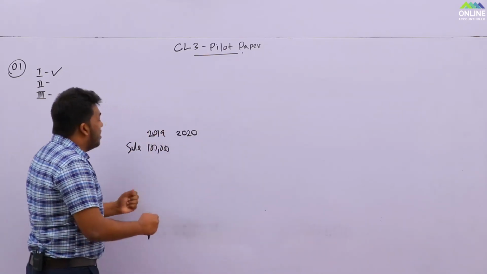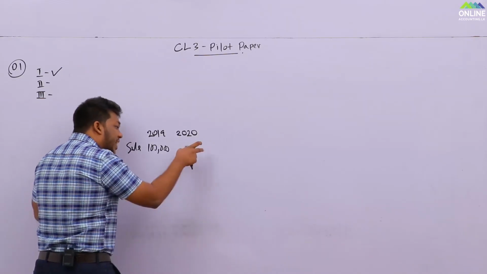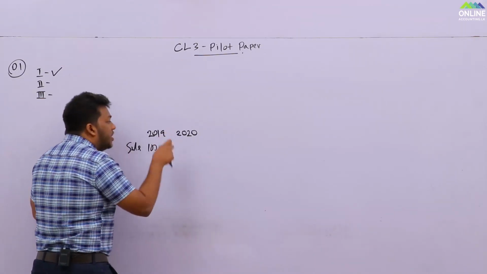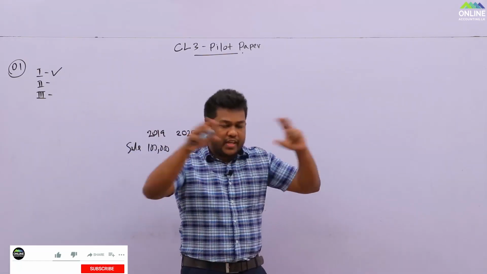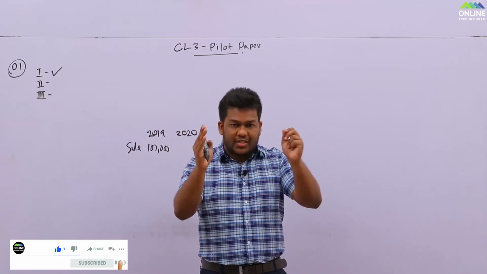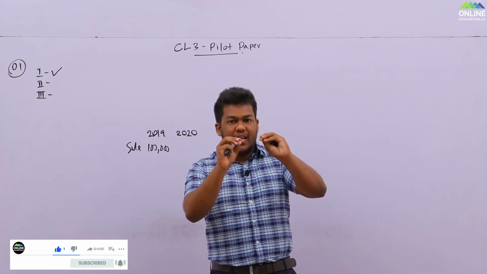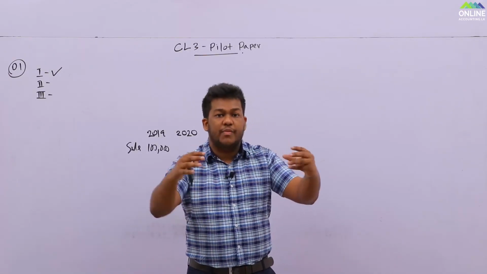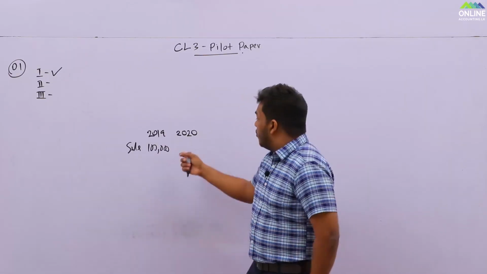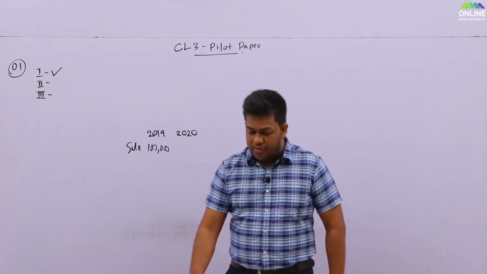You will decide a fresh amount for 2020. That is zero-based budgeting. You are forgetting everything. You start from the beginning, getting the information from the basics, then you arrive at a value. So that is zero-based budgeting.